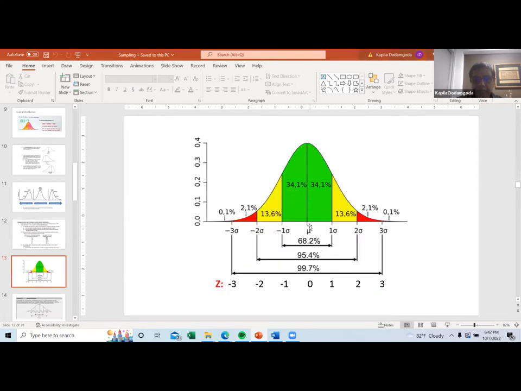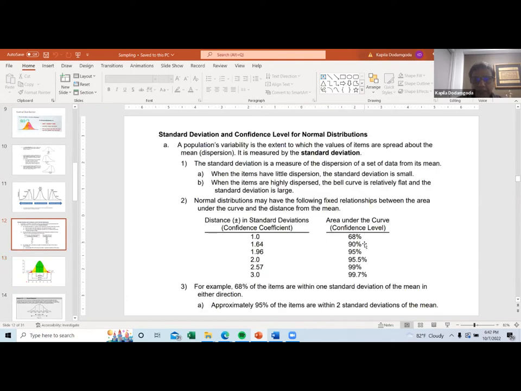If we take the mean, one standard deviation above and one below the mean, 68% of the values are there; two standard deviations above and below, 95%; three standard deviations, 99%. And 90% of values are between plus and minus 1.64 standard deviations. These figures we have just looked at.